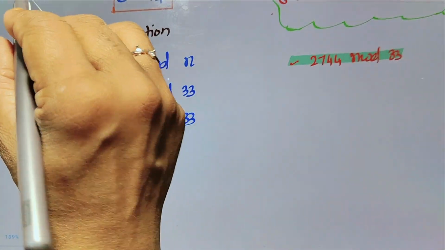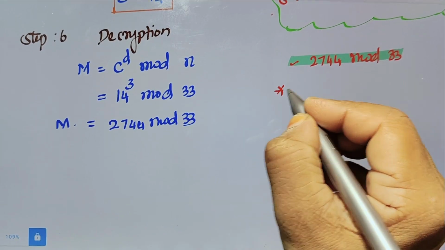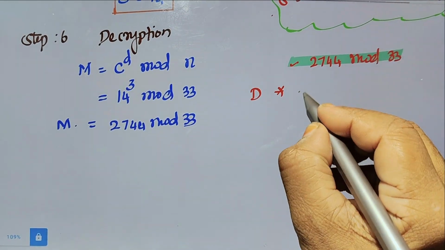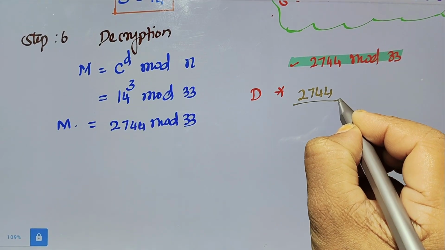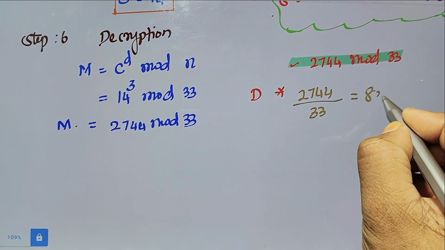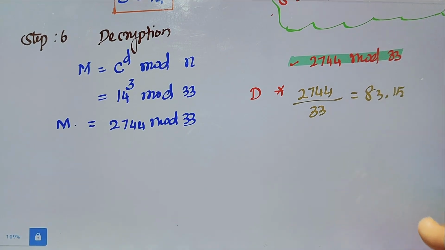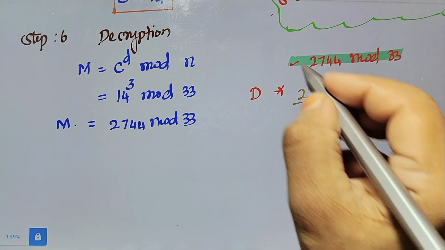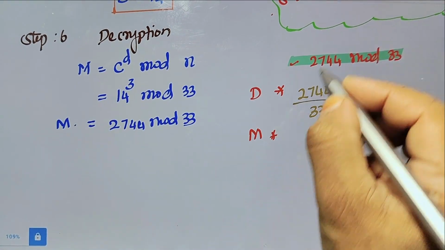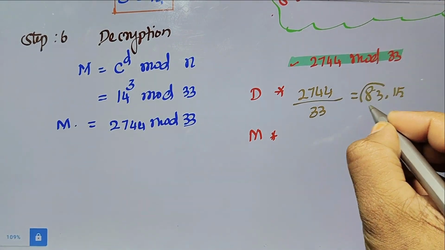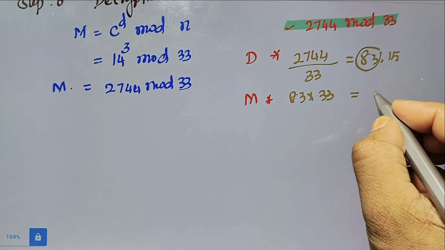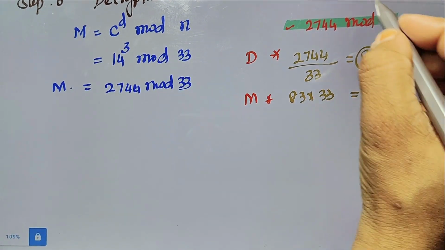Okay. First division. 2744 divided by 33, that is n value 33, equal to 83.15. Next multiplication. Take this number 83 into 33 equal to 2739.